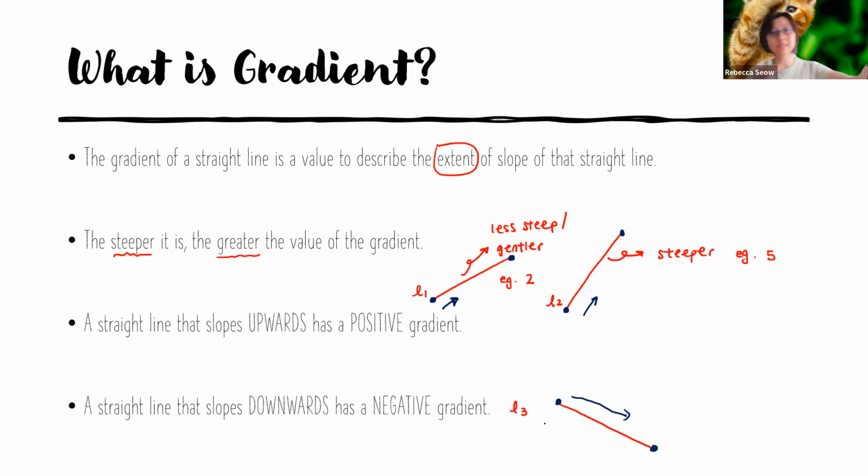From left to right it is going down. It slopes downwards. So this straight line has a negative gradient. An example of a negative gradient might be something like -3. What tells you whether something is positive or negative? The sign that goes before the value tells you whether it's positive or negative.